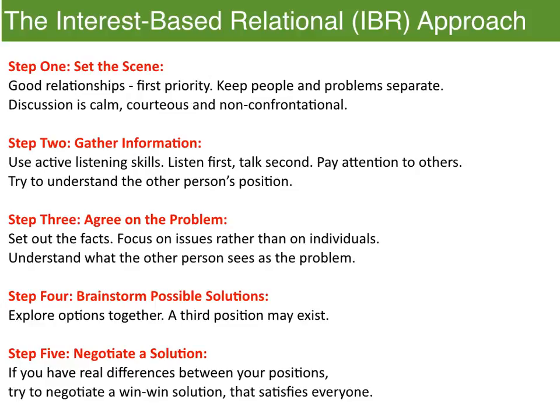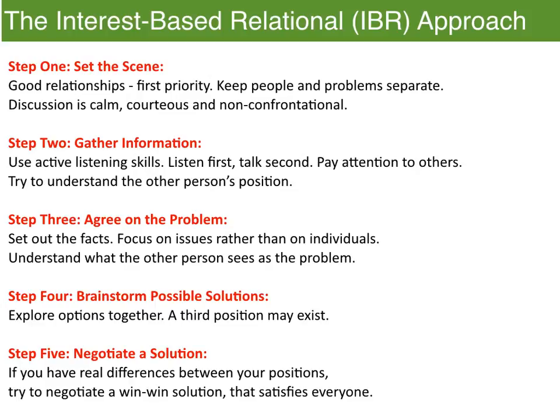In step 2, listen to each other and try and understand the other person's position as well, then agree on the problem. Step 3, let's agree, what is the actual problem here? Let's try and really write it down or label it, name it, and listen to the other person as to what they see as the problem. And then put the problem there on the table, name it, describe it, and then explore options together to find even the possibility that neither of you has to be wrong.